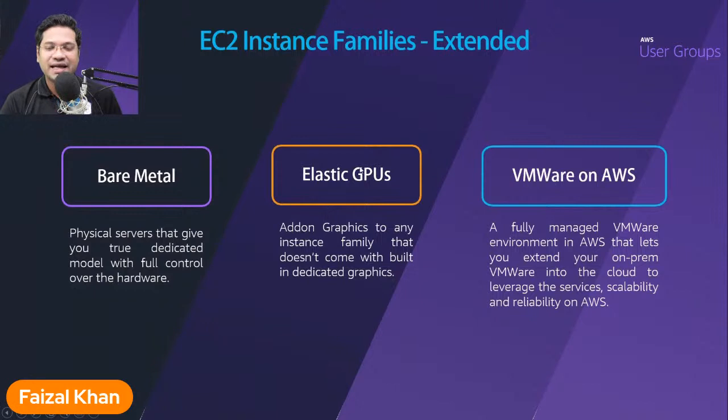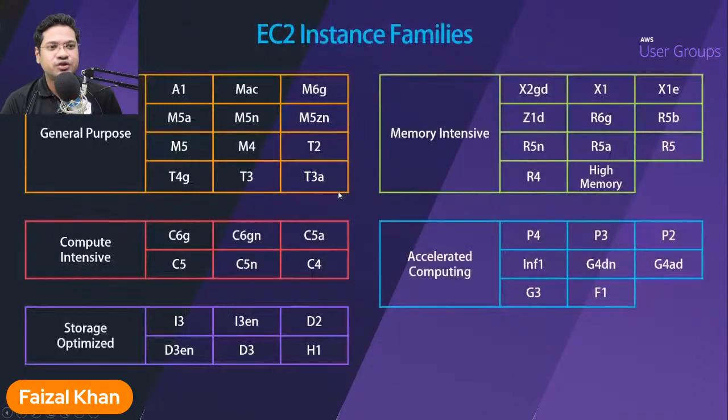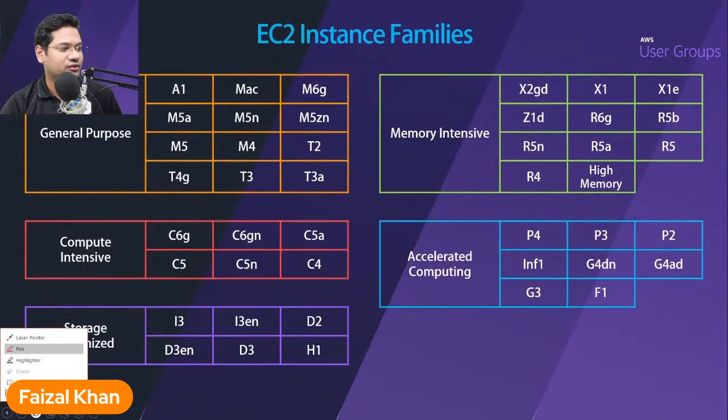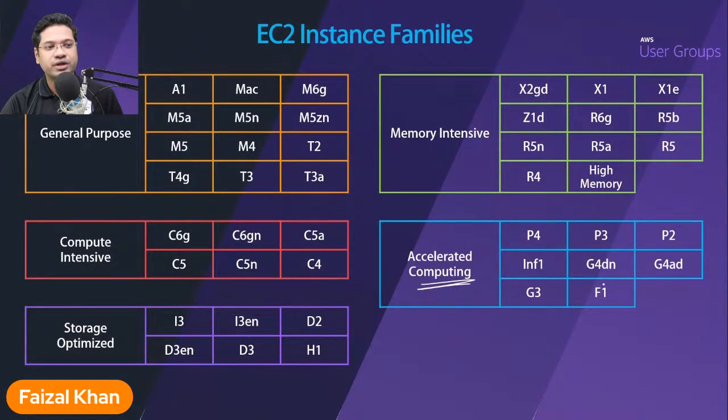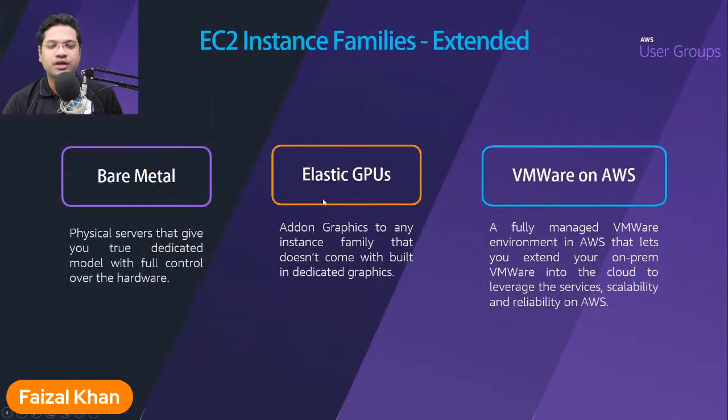Then you have something like elastic GPUs. This is used, for example, with accelerated computing instances. In accelerated computing instances, you have instances like the G4, which come with graphics cards, right? But these systems are quite expensive. So there might be a scenario where you don't need a lot of graphics, but you need some graphics for your application to run. This is where you use elastic GPUs.